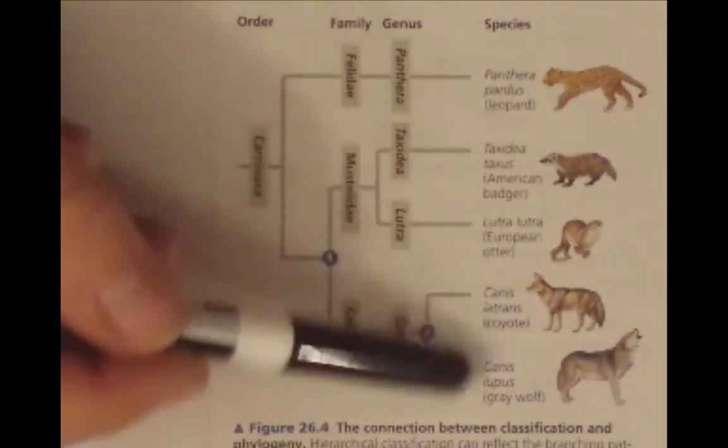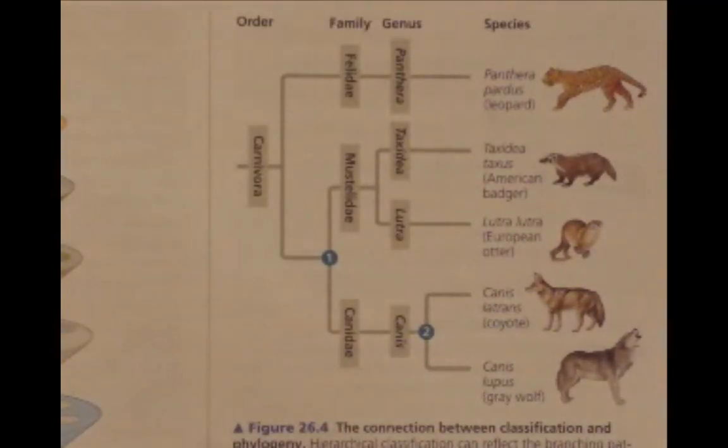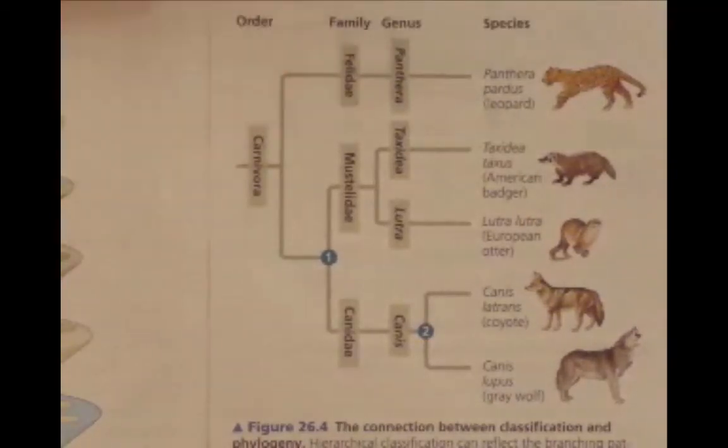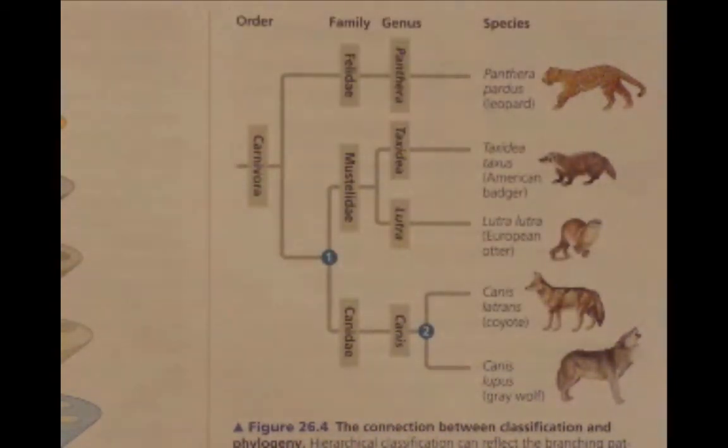These trees do not show the specific age of when these species arose. You may think one of these species is more advanced based on what we think about them today, but that doesn't necessarily mean that they are more recently derived.